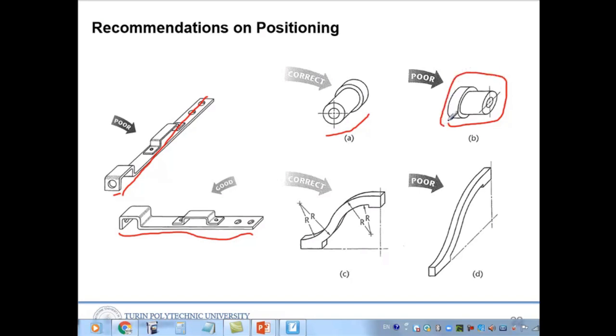But in this example it looks like the real part, and the same for this one. It is positioned poorly. But if you position it from the side, as a front view, you can measure, or at least roughly imagine, the shape and sizes.